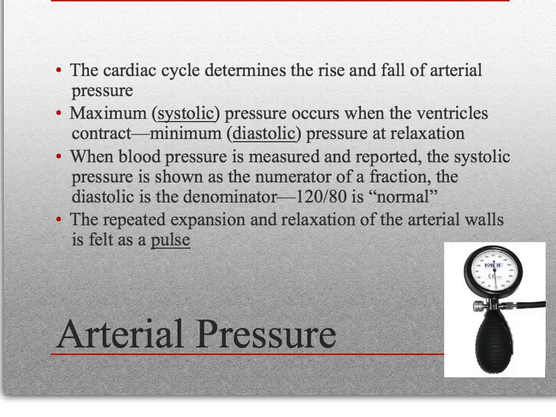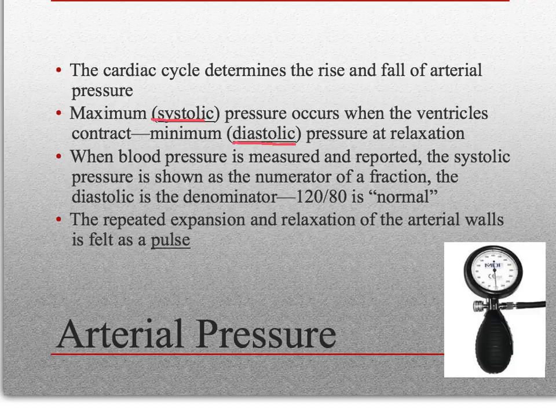So the arterial pressure, that means the pressure that you feel in the blood vessels themselves, is determined by the heart, right? When the heart contracts, it's called systole, and when the heart relaxes, it's called diastole. So the most pressure is felt when the heart is contracting, and the least pressure is felt when the heart is relaxing.